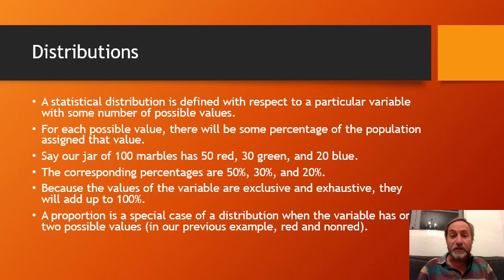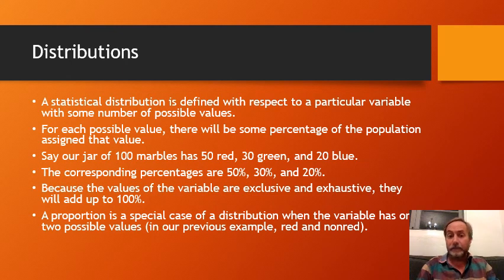Because it's 100, the percentages are pretty straightforward: 50% red, 30% green, 20% blue. Because the values of the variable are exclusive and exhaustive, they are going to add up to 100. You're not counting any marbles twice, and every marble gets counted. So that's our distribution.